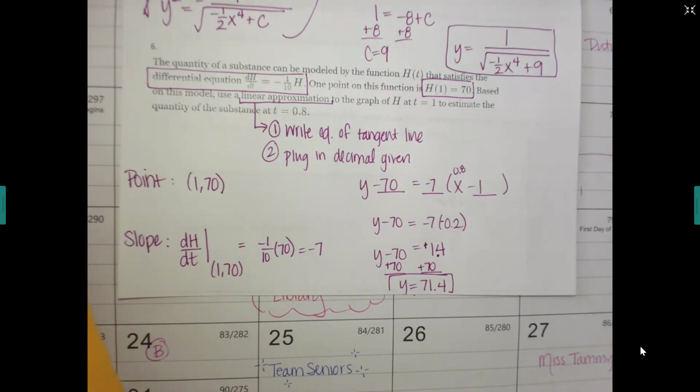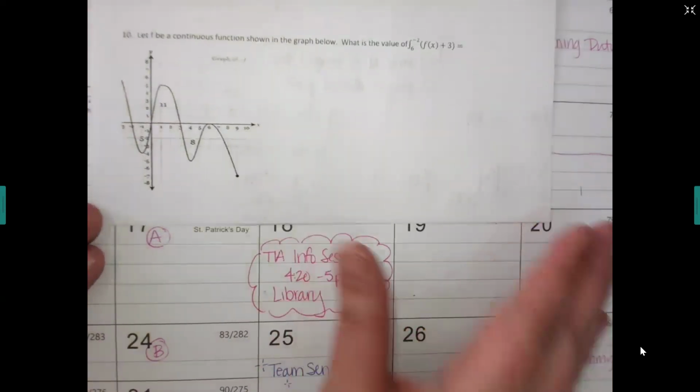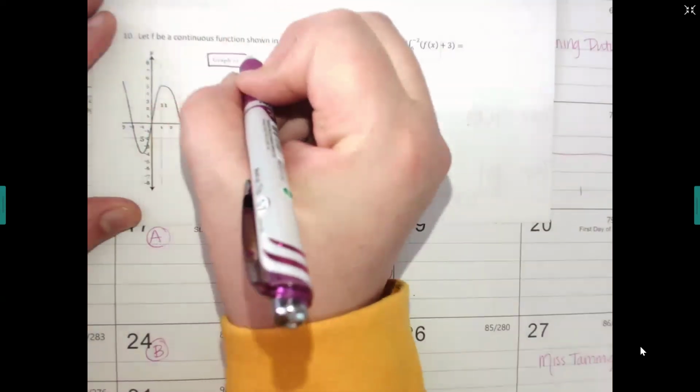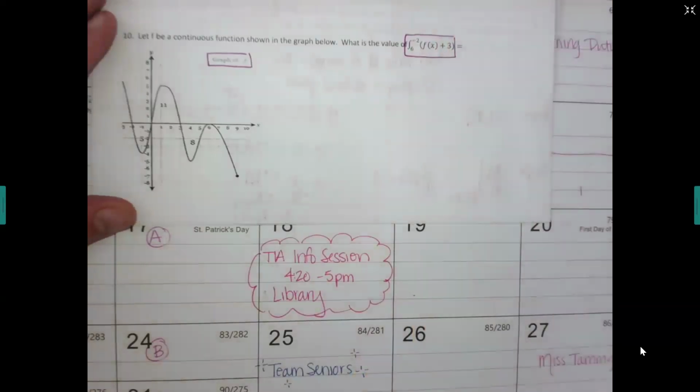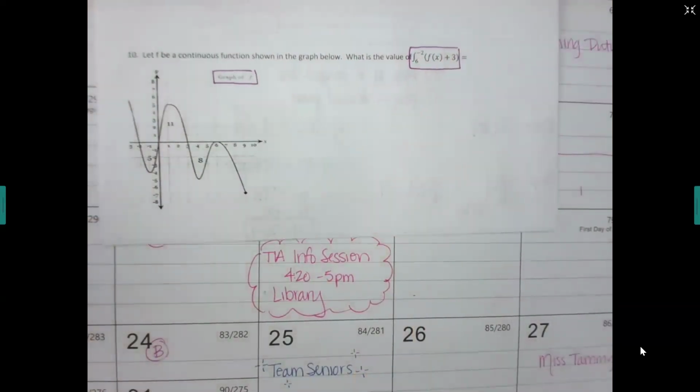Okay, the next two questions are pretty similar. We're going to do the one at the very bottom of that page, number 10. Okay, so you have a graph of f, and then it's asking you to find this integral right here. Okay, procedurally, tell me if this is correct. If I want the integral of f plus 3, I can just do the integral and then add 3.